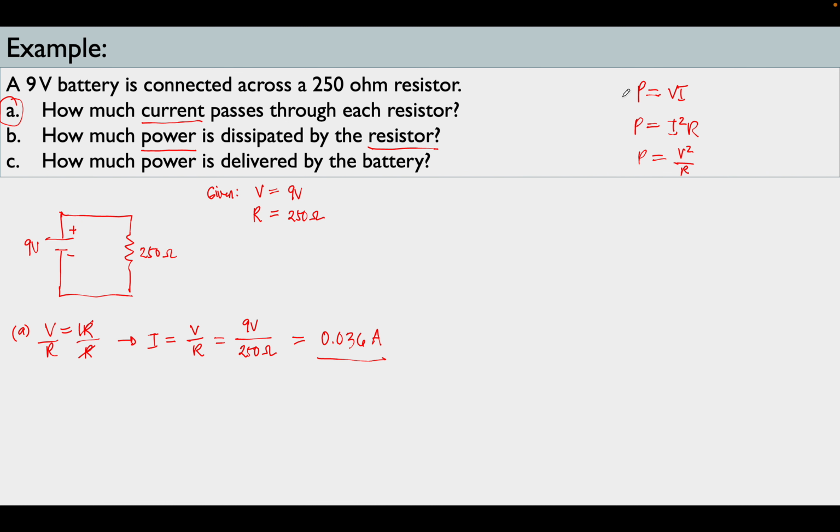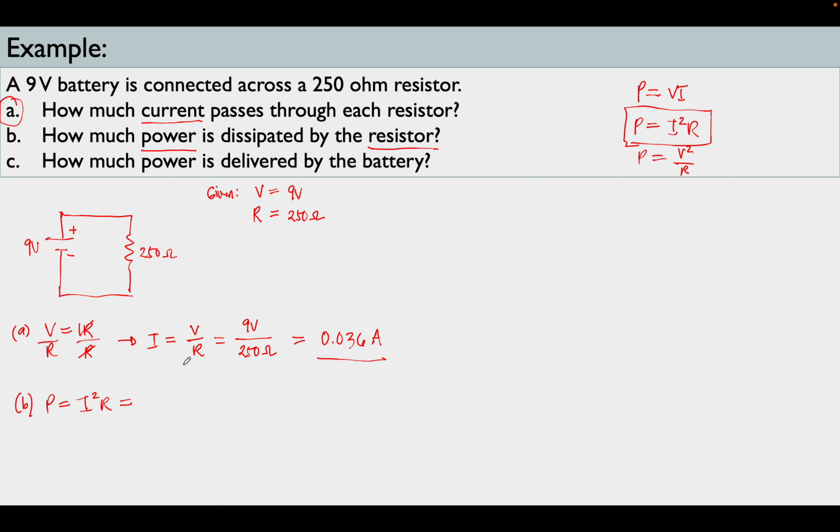Out of these 3 equations, we can use this second equation to solve for the power.